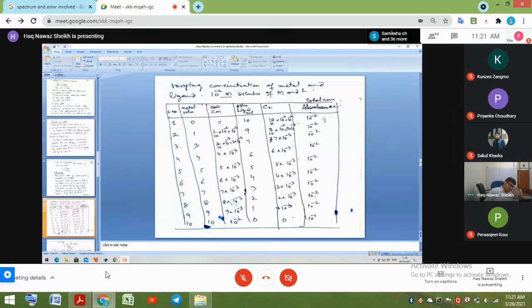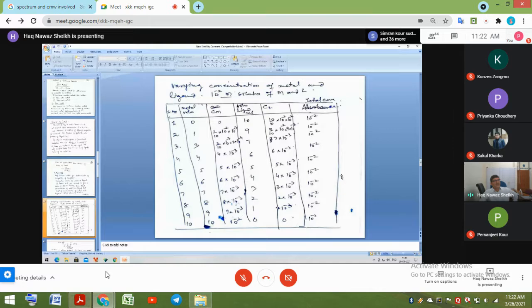So that's the key. The total concentration is known for each case. If you plot a graph between absorbance and the concentration of the metal, and you know the concentration of the metal from the graph, you will know the concentration of the ligand by simply subtracting the concentration of the metal from 10 raised to the power minus 2, because the overall concentration is the concentration of metal plus the concentration of ligand, which is 10 raised to the power minus 2 in all the cases.